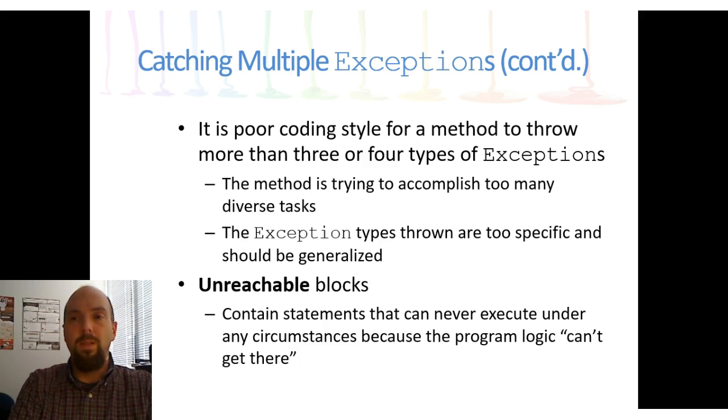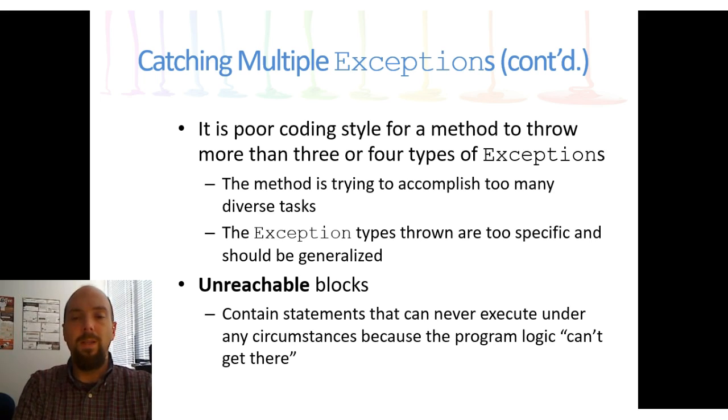All right, so it is considered to be poor coding style to have more than 3 or 4 exceptions in our code. Honestly, we shouldn't have any more than 2 or 3. And the reason for it is only one of these is actually going to run whenever the program runs. So if I create an exception for the divide by 0, or I create an exception for out of bounds, only one of the 2 of those is going to run.